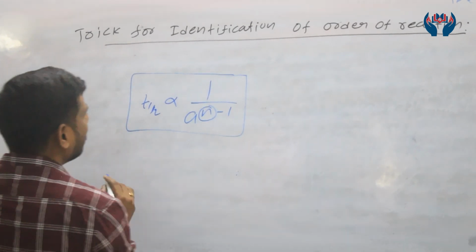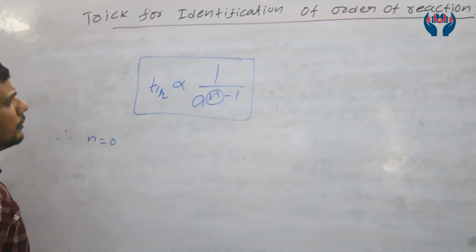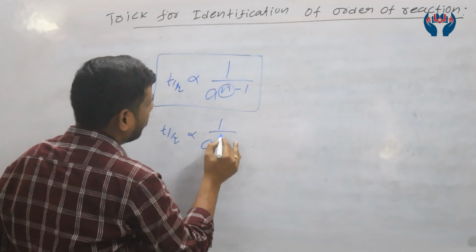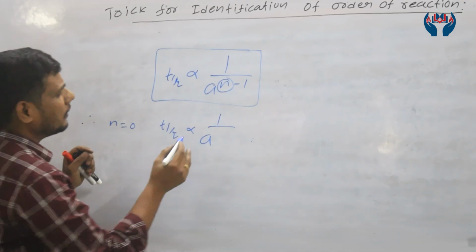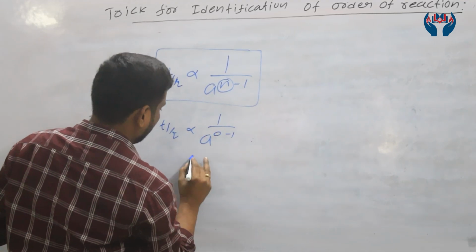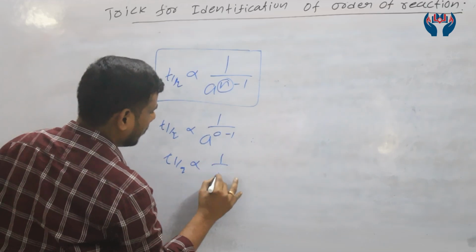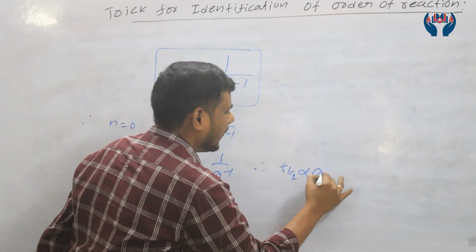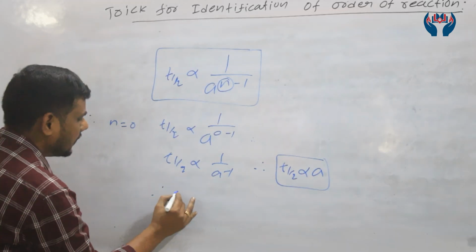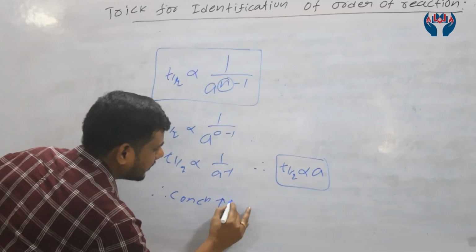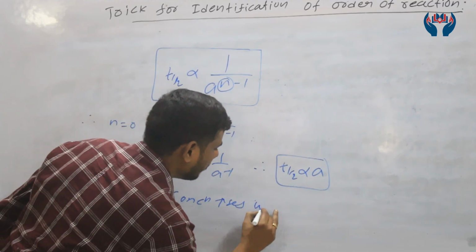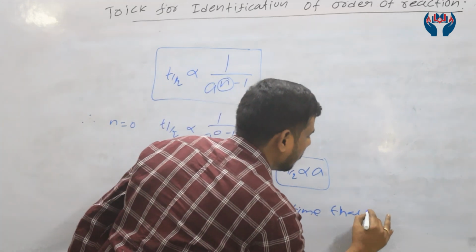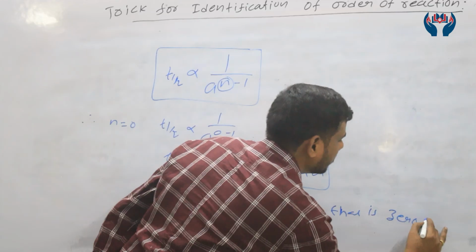For zero order, n value is 0, so 0 minus 1 gives minus 1. Therefore, the half-life is directly proportional to a. Therefore, the half-life increases with concentration. That is zero order reaction.